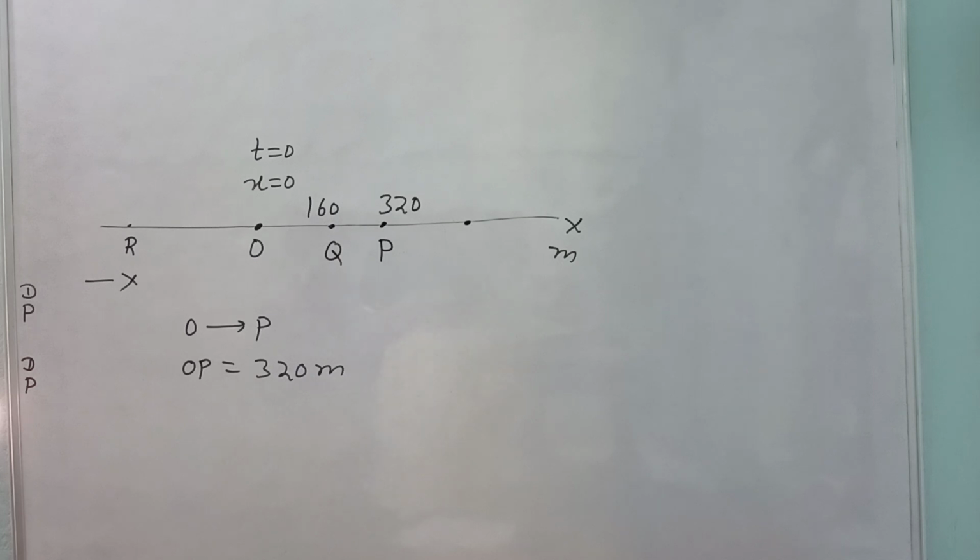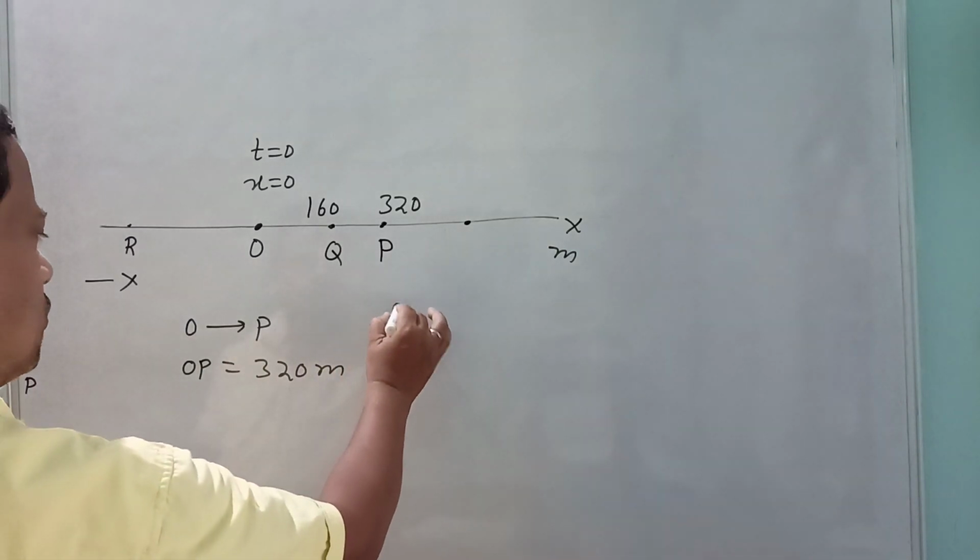So this OP is the distance covered by the car, or the actual length of the path traveled by the car, and that is called your distance. So when this car moves from O to P, the distance is 320 meter.